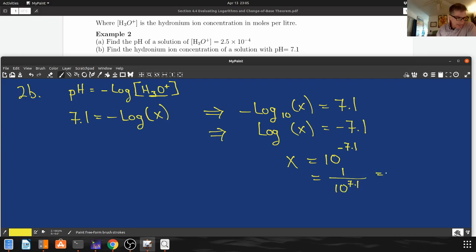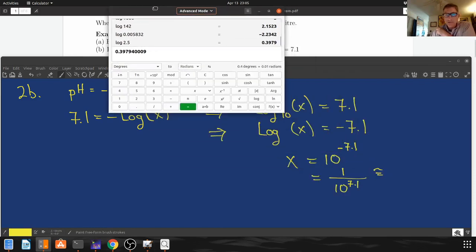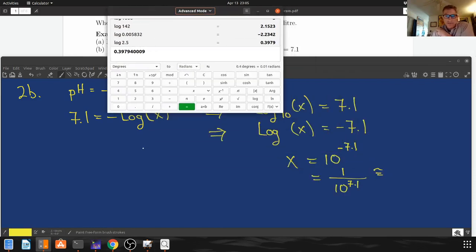And that turns out to be about, you can use your calculator there to find that out. How would you find that out? I hesitate because I'm using a calculator that I'm sure you all don't have. Some calculators should have x to the minus 1, which is the same as 1 over x. So here I have x to the y.